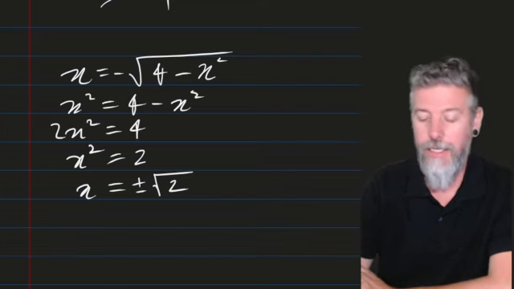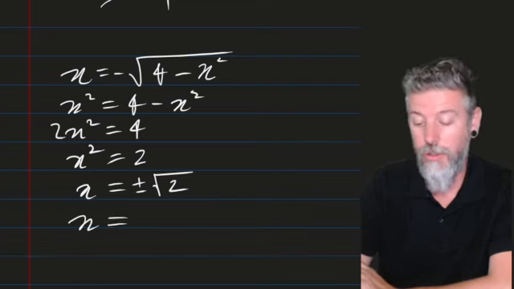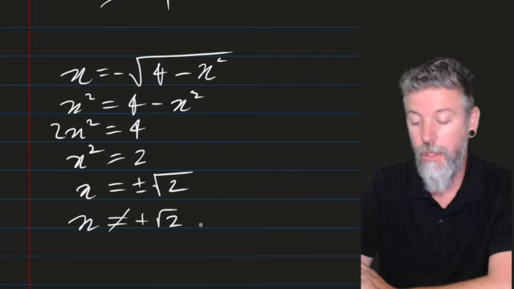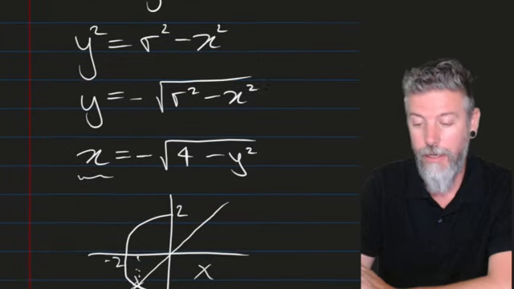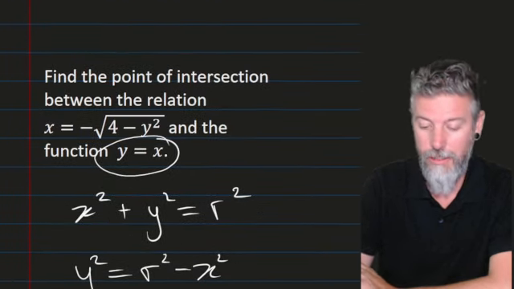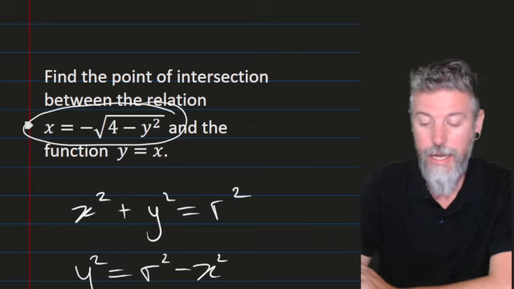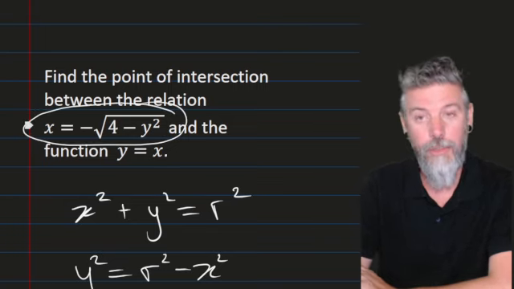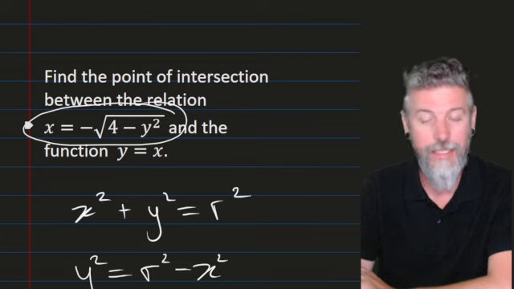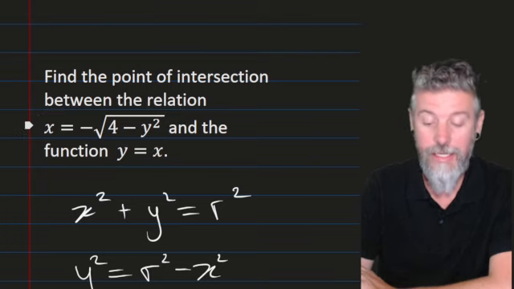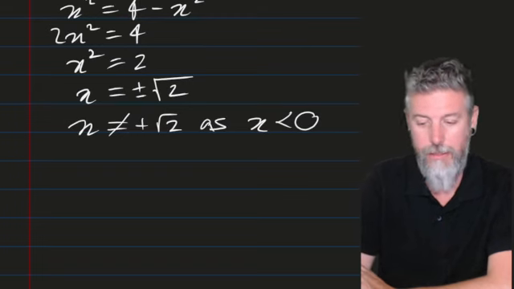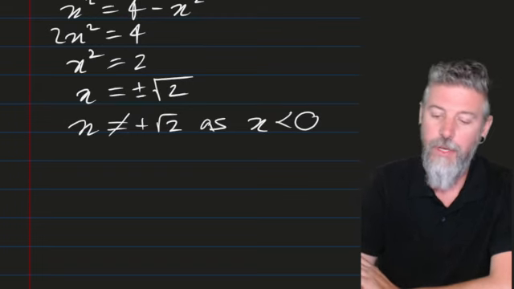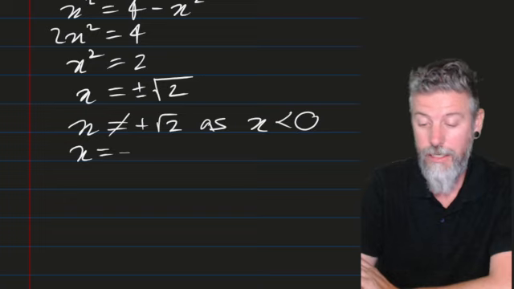Well, what we can say here is that x does not equal positive root 2 because x is less than 0, and we know that from this equation back up here, root 4 minus y squared has to be positive, and then we're taking the negative of that. So x has to be negative. So therefore we can discount x equaling positive root 2. And so x equals negative root 2.